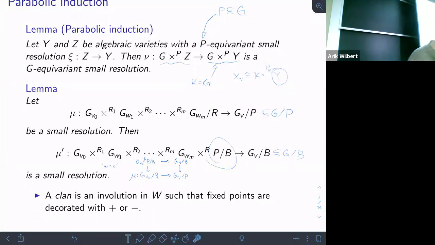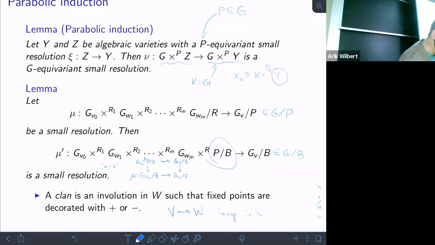Okay, and so I want to talk about K orbits in G mod B. A way to parameterize many of them is using something called a clan. I said briefly how I think about a clan. There's always this map from KGB to W, and the image lies in the involutions.